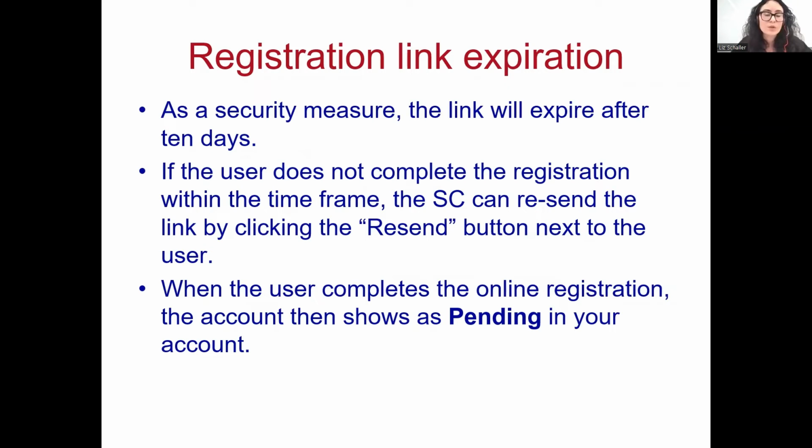So if someone maybe is out on vacation, or for whatever reason hasn't been able to complete the registration in time, you can resend that link to them by clicking the resend button next to that user. And again, I'll show you that in the system, and that's really no big deal at all.